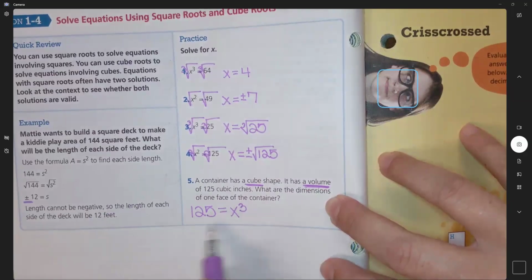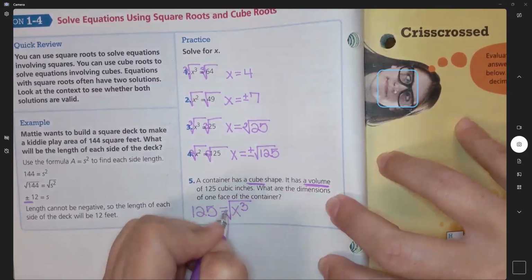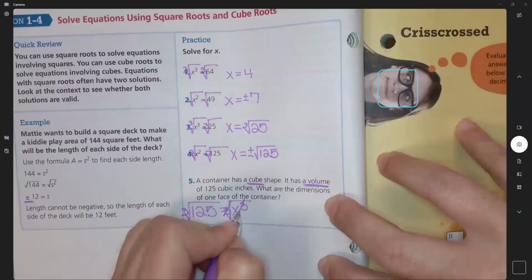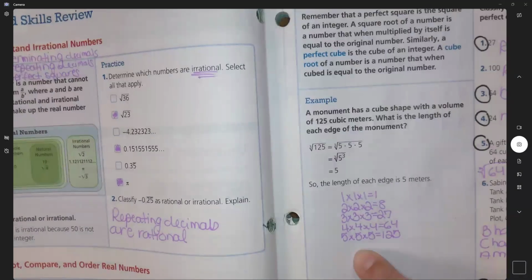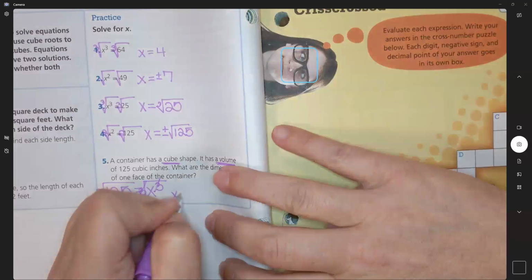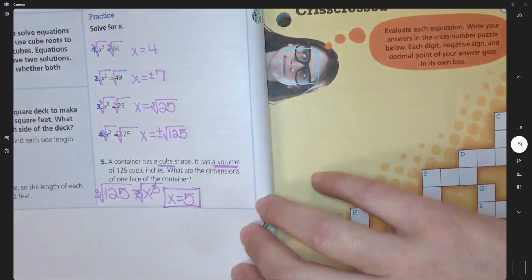How are we going to solve this? Take the cube root of both sides. These cancel. Is 125 on our paper? Look, there it is. So what does one side have to be? It has to be 5. Oh, we're geniuses. I'm very excited.